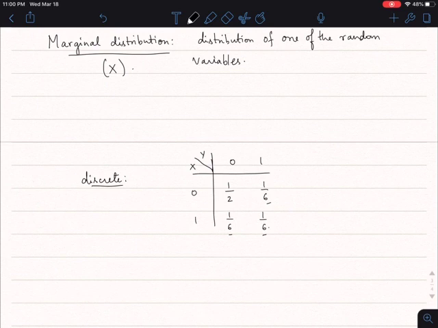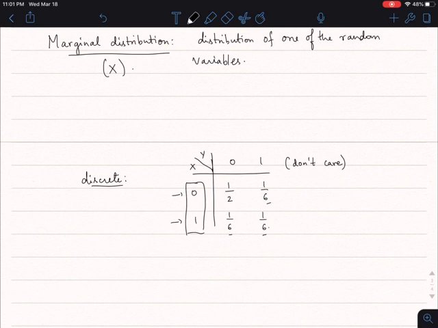In this case, suppose I ask you to only focus on the values of x. I don't care about y, so this is don't care. And I ask you, what is the probability that x equals 0, and what is the probability that x equals 1?